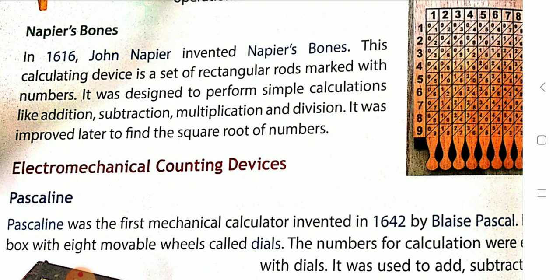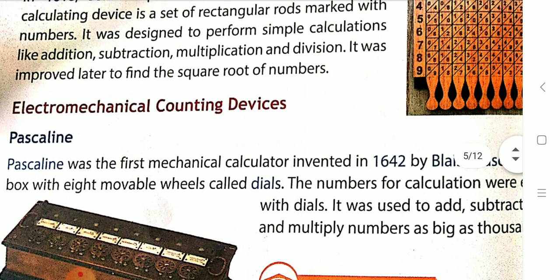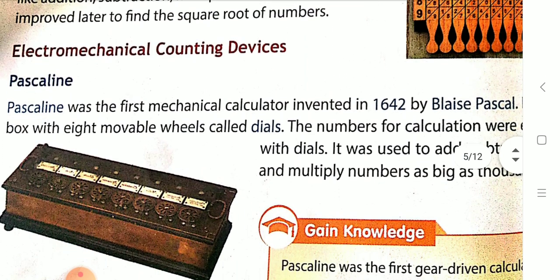Look at this picture. If you want to add the number 1 plus 1, your answer is 2. 2 plus 2, answer is 4. We can easily do addition, subtraction, multiplication and division also. It was improved later to find the square root of a number.